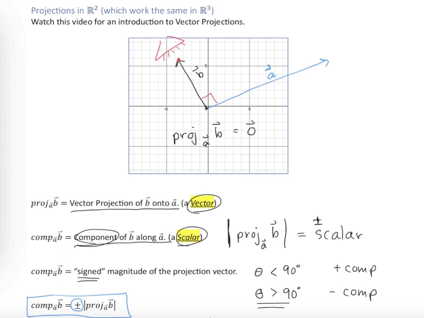It is a vector with no magnitude, which means that the component of B onto A is equal to 0, but this is a 0 scalar, meaning that it has a magnitude of 0. The projection, of course, is a 0 vector, indicated and differentiated because that one has the hat. The vector hats are very important to discuss and to make sure that you understand the difference between who is a vector and who is a scalar.